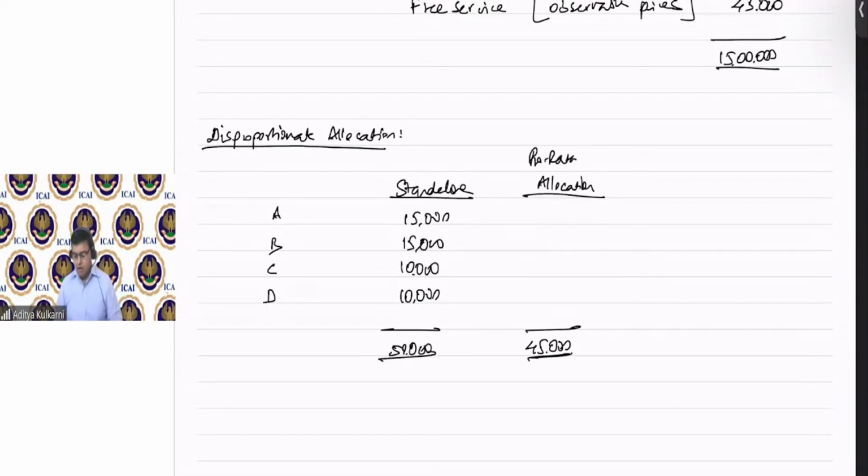How would I do it? 45 by 50 into 15, 15, 10 and 10. That gives you 13,500, 13,500, 9,000, 9,000. So 45,000 is divided in the ratio of the standalone selling prices. This is ideally what would be done.